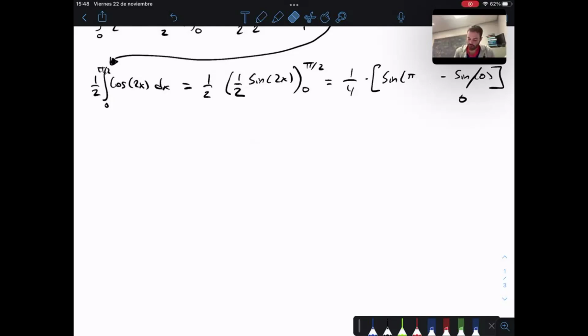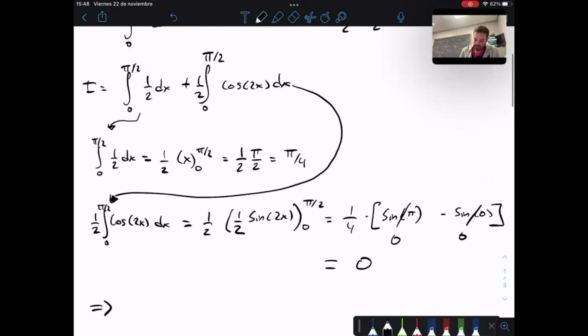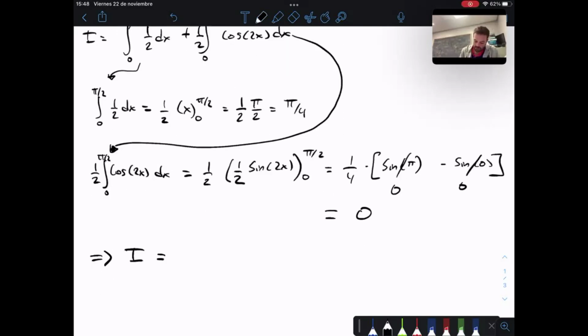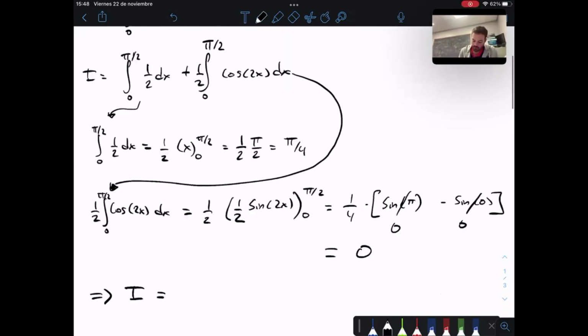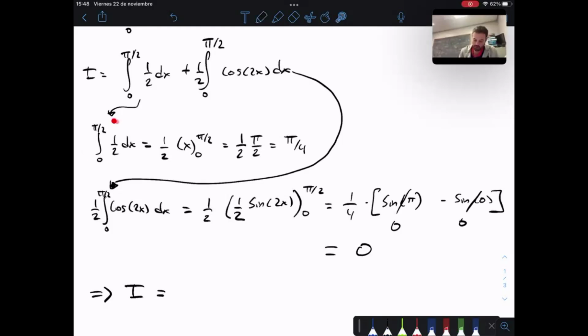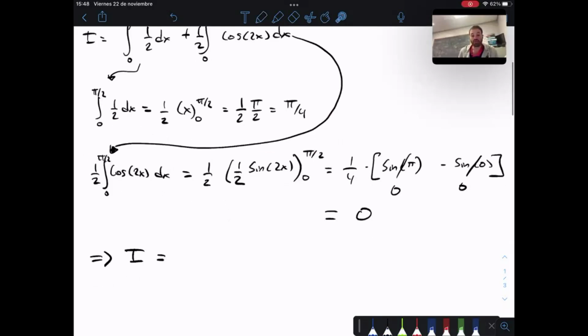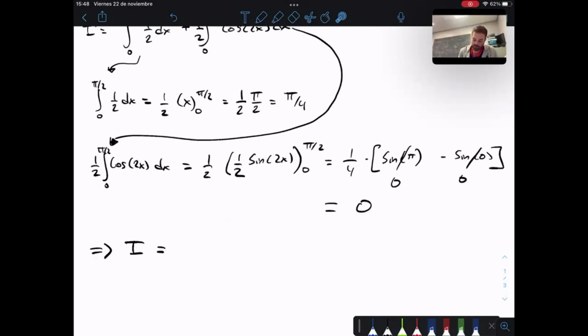And we know that the sine of pi is also 0, which means that this whole term is going to be equal to 0. Therefore, this implies that for our integral, the only value that we're going to get is a contribution from the first term in our integral, which means that we have pi over 4.